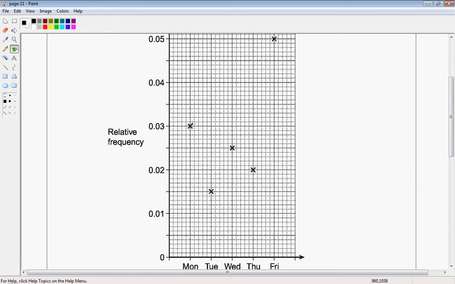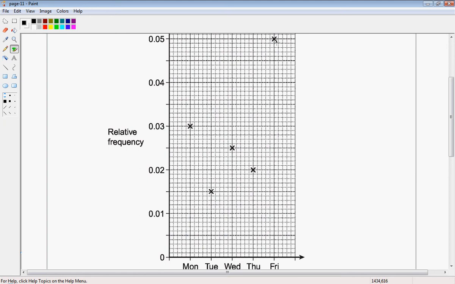Now what we could do is we could actually work out the number of people that were absent on the Monday, work out the number of people that were absent on the Friday, and then subtract the two numbers. But it's got to be a lot simpler.